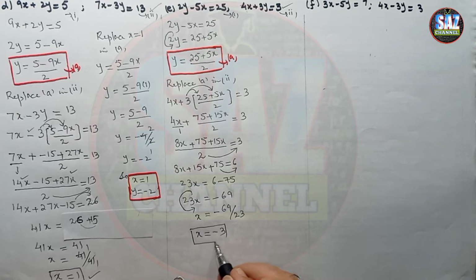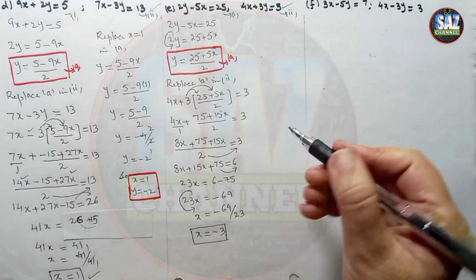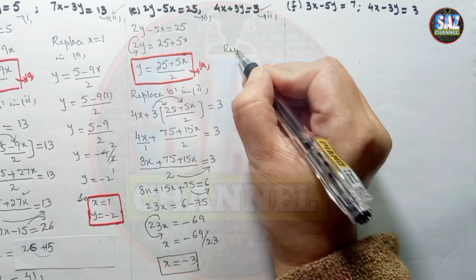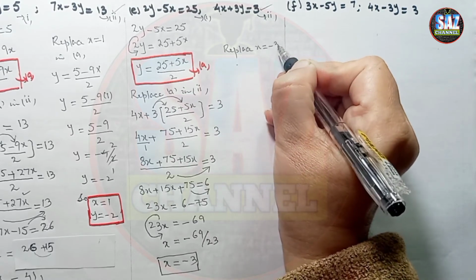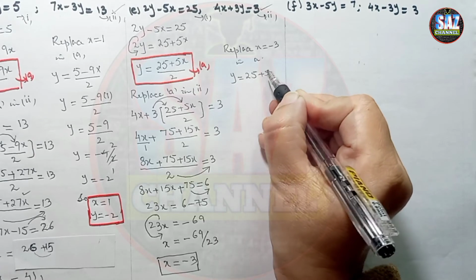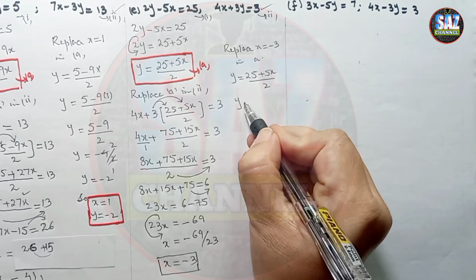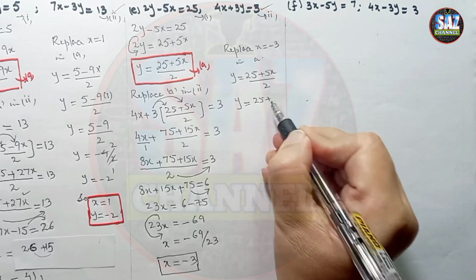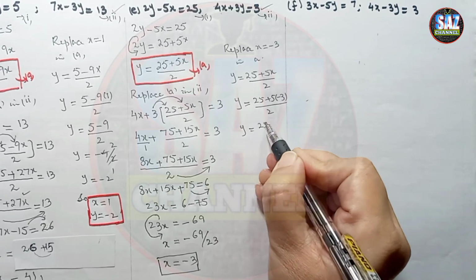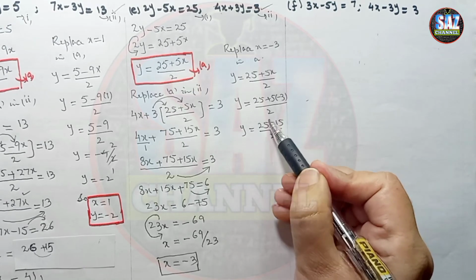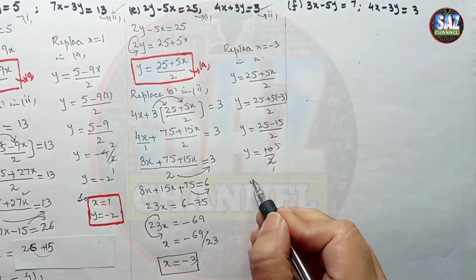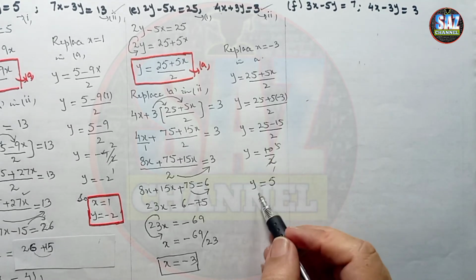This is the value of one of the variables. Now what I have to do in order to get value of the other variable: replace x equals minus 3 in A. So the equation will take the form y is equal to (25 plus 5x) by 2, and x has to be replaced by minus 3. 25 plus 5 into minus 3 upon 2, y equals (25 minus 15) by 2, 5 minus 5 is 0, and y equals 10 by 2, and 2 ones are 2 and 2 fives are 10. So the value of the second variable in the question is y is 5.